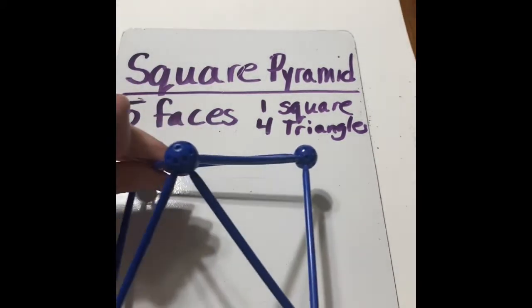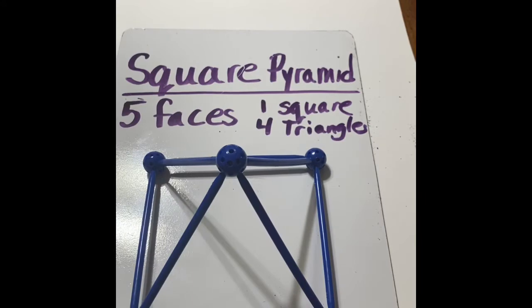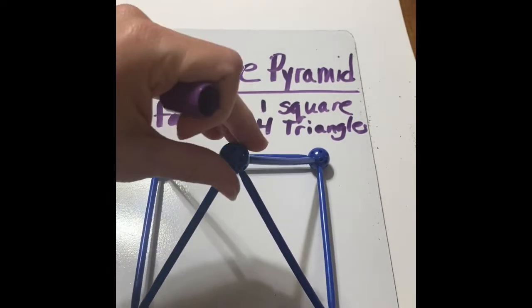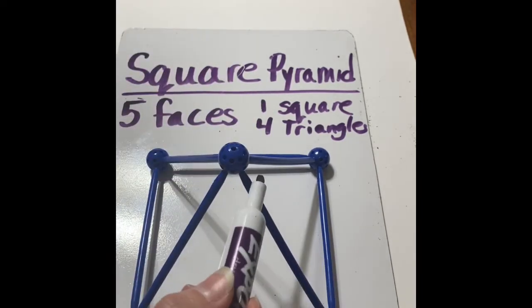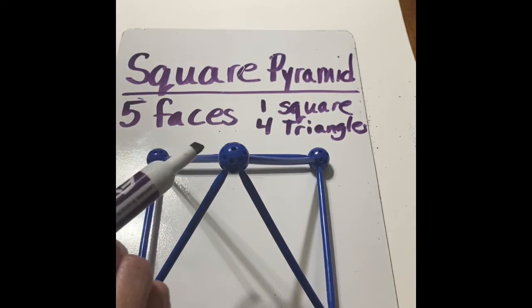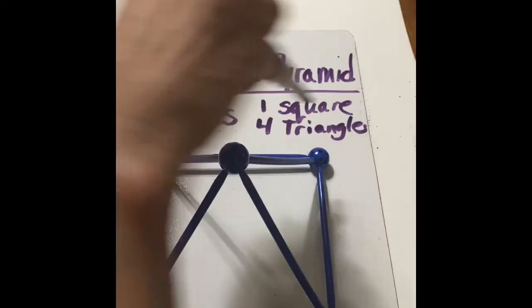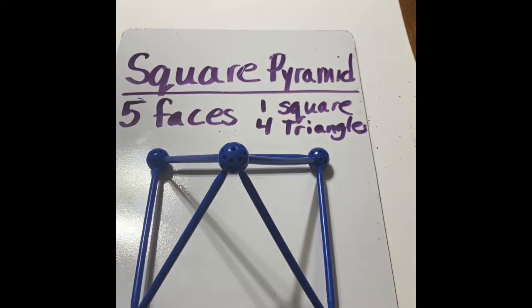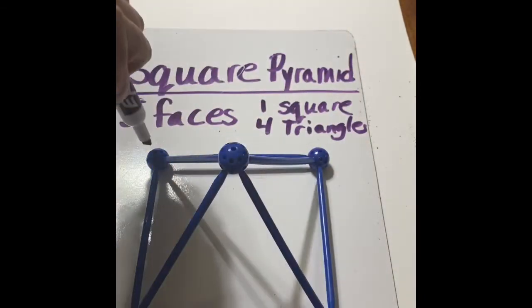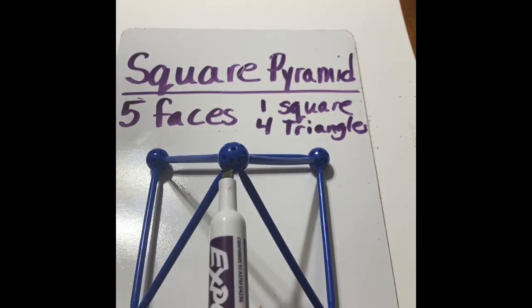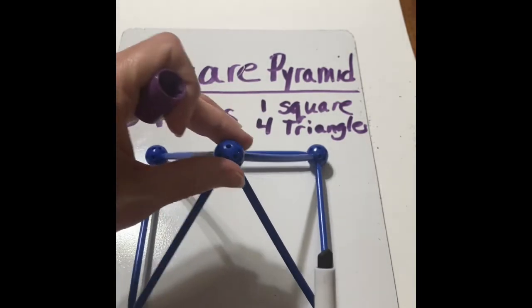Here's an example showing the edges and the vertices. A square pyramid has 8 edges, 1, 2, 3, 4, 5, 6, 7, 8, and it has 5 vertices, 1, 2, 3, 4, and the last one on the top is 5.